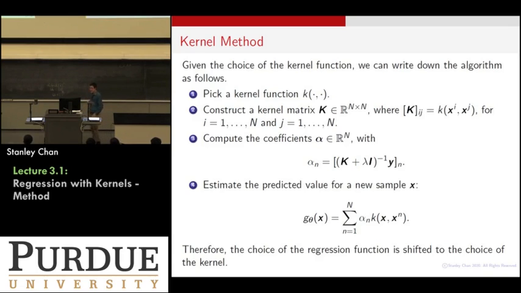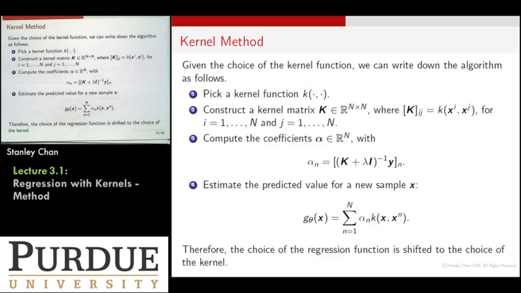Okay, so the idea is the following. You first pick a kernel, like the radial basis kernel, okay? Or you can go online and say Kernel Method, and Google will give you a list of popular kernel methods, okay? And there you can look at which kernel you want. So you pick a kernel, and then you construct a thing called the kernel matrix.